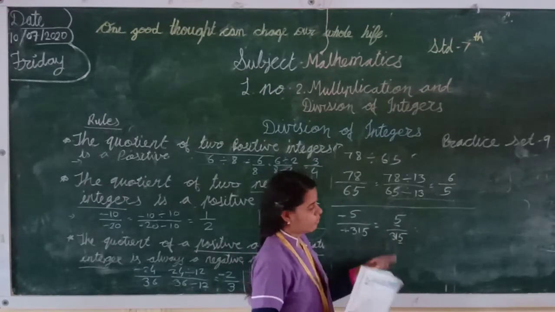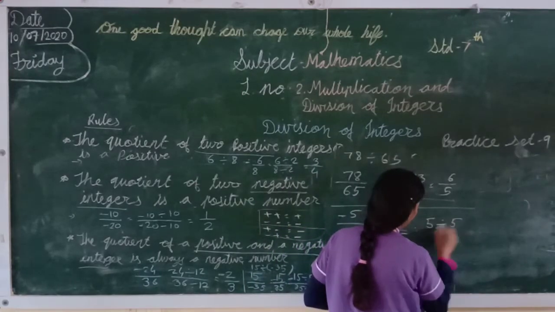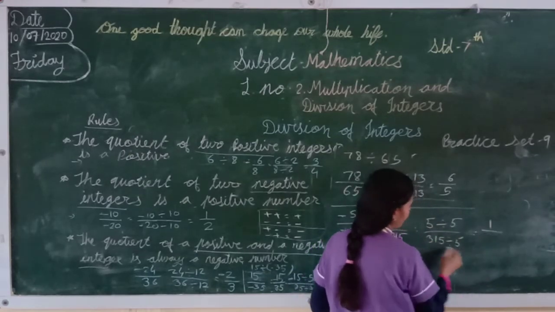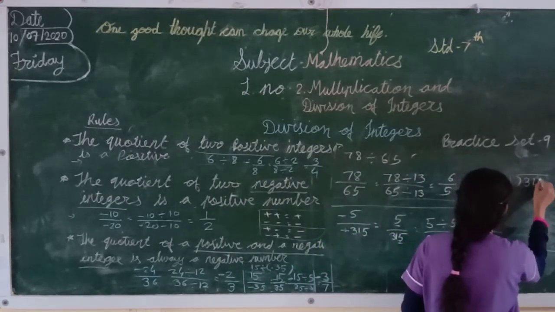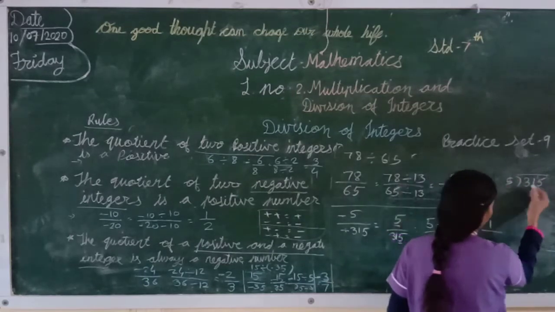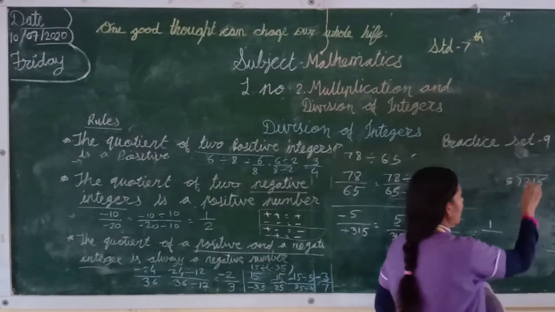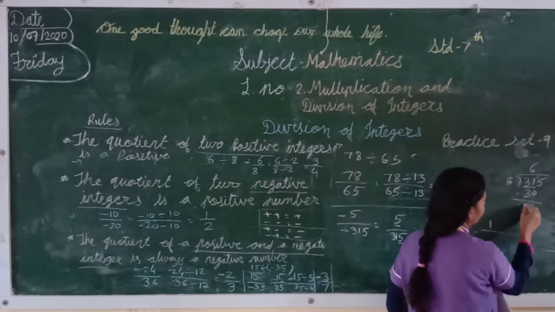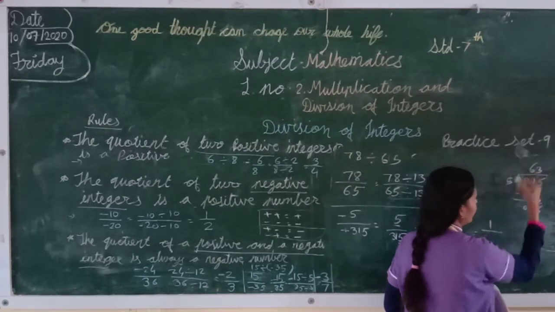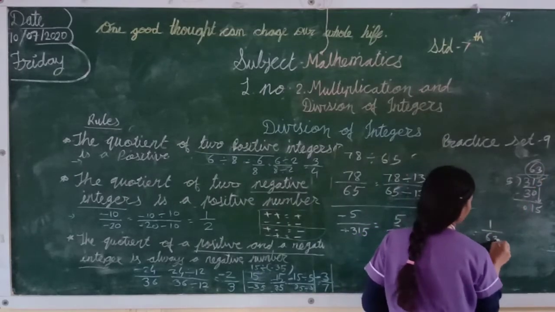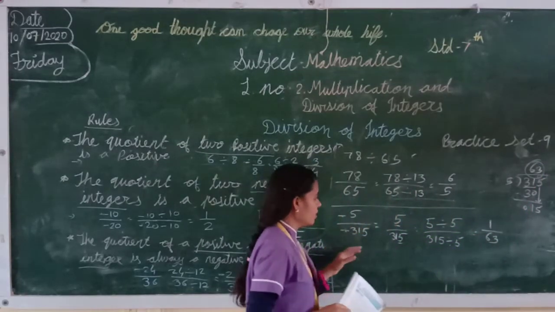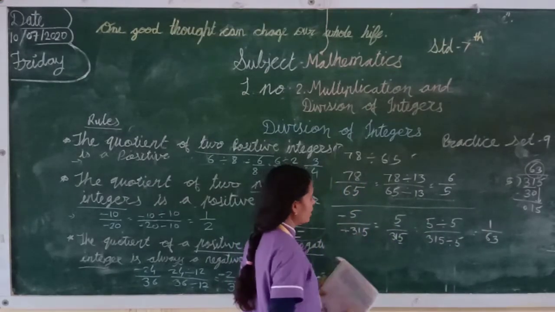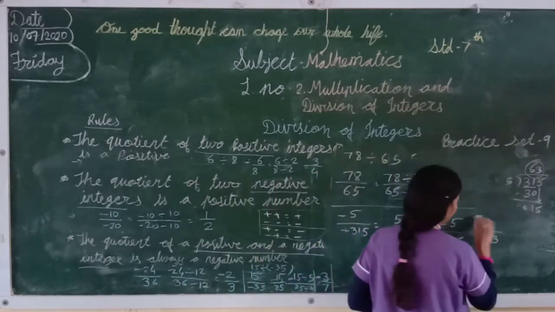So we divide by 5. 5 divided by 5 and 315 divided by 5. 5 ones are 5. So now 5 6s are 30, 1 minus 0 is 1. 5 3s are 15. So our answer is 63. So minus 5 upon minus 315, the answer is 1 upon 63.